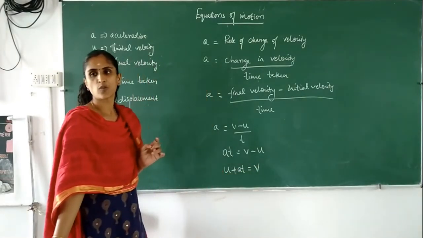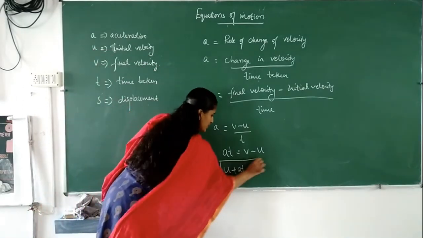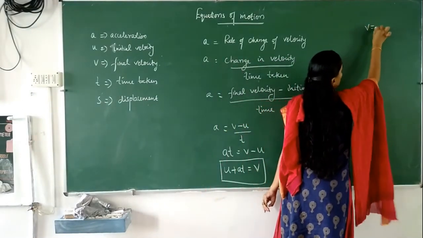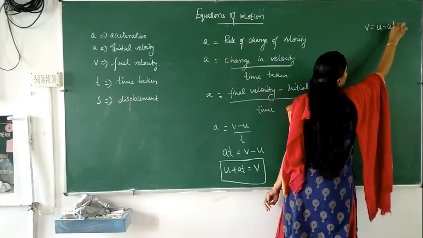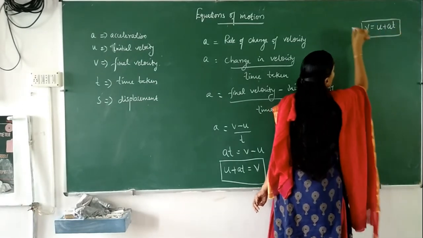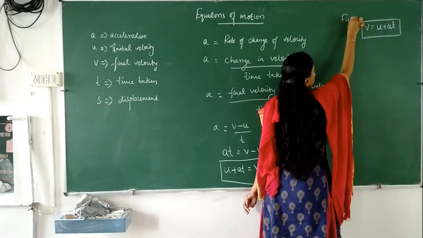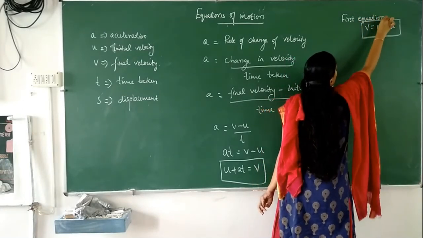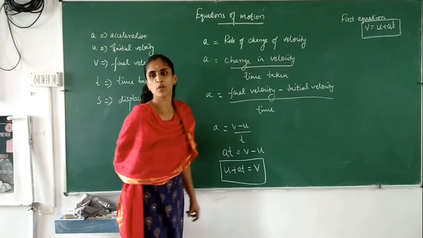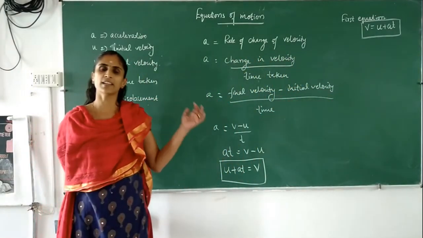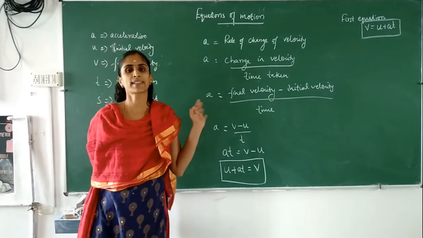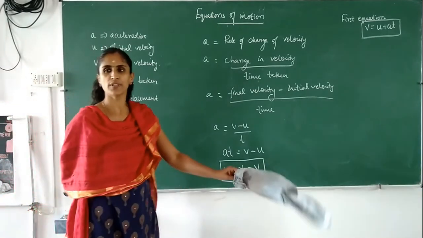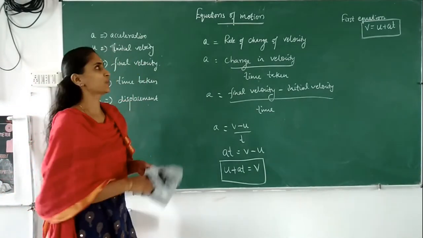And this is the first equation. Our first equation is v is equal to u plus at. How are we getting it? We are getting it from the expression of acceleration. Okay. Now we will discuss the second equation. I told you there are three equations, so we will discuss the second equation.